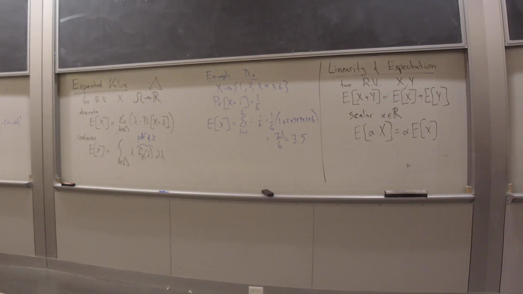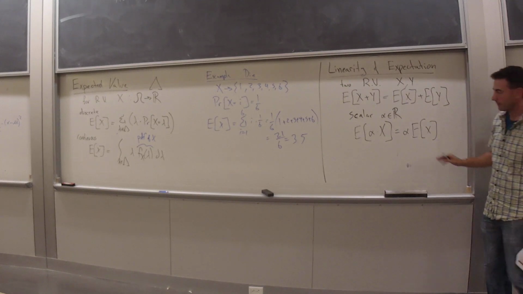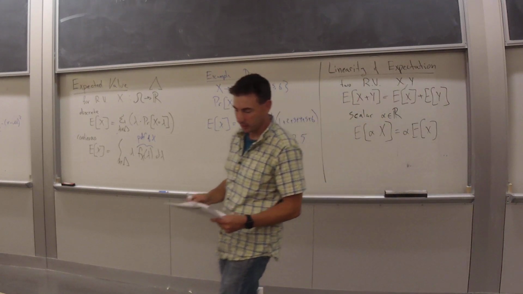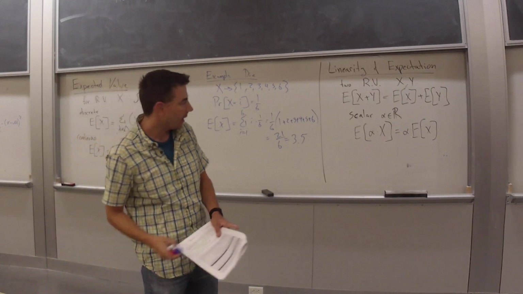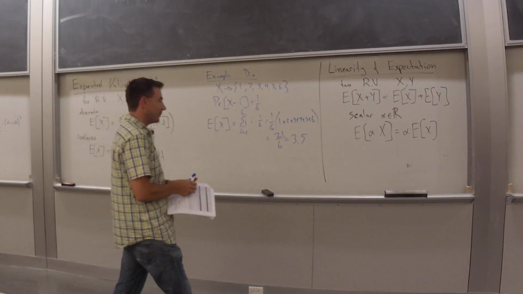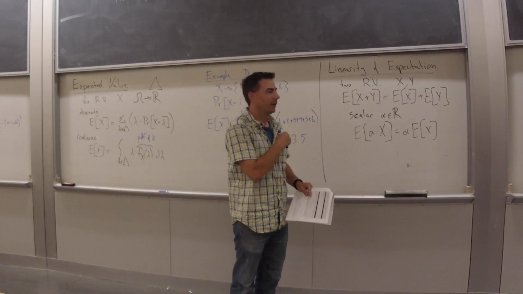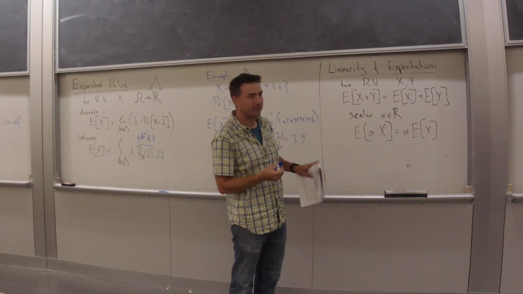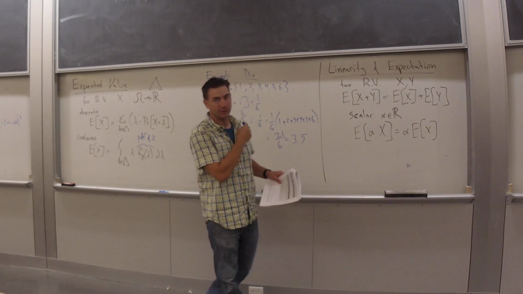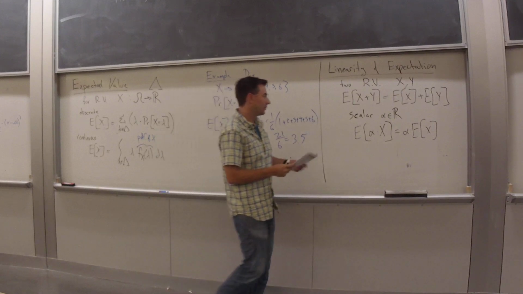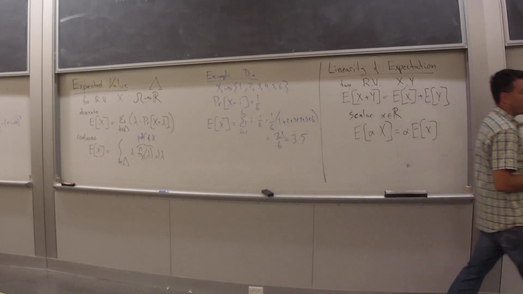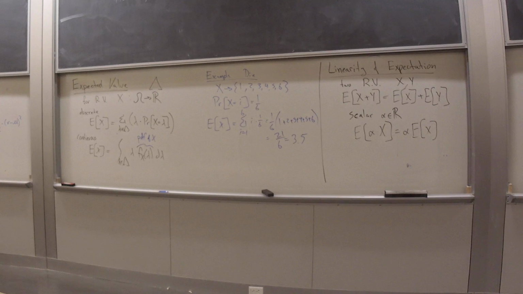I can factor this out. So this will also be important. And in fact, one of the reasons this is important is that multiplying something by a scalar is like changing the units, right? So if I change the units, that naturally factors out of the expectation, which is important because that's natural.